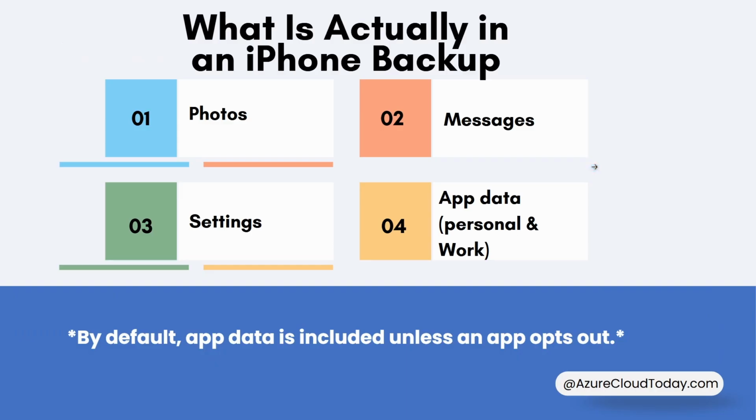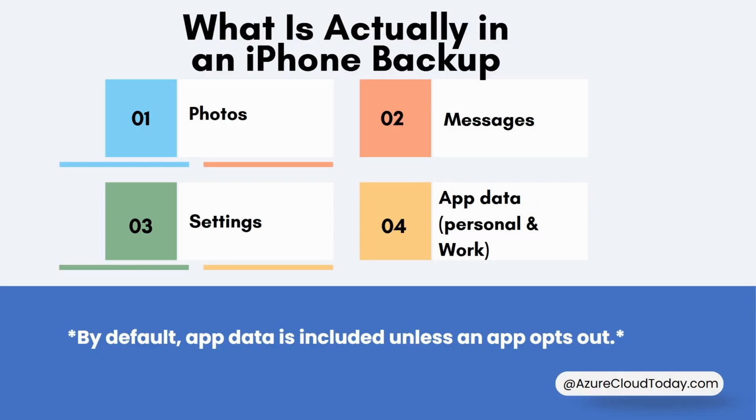When your iPhone backs up to iCloud, it's not just your photos and your contacts which are synced or backed up over there. It backs up application data too, and that includes your work apps data as well. So when Outlook has cached a few weeks of email, or OneDrive has a couple of files downloaded for offline use, or Teams is holding your recent chats, that data is treated like any other app's data, and by default, it is eligible to be backed up.